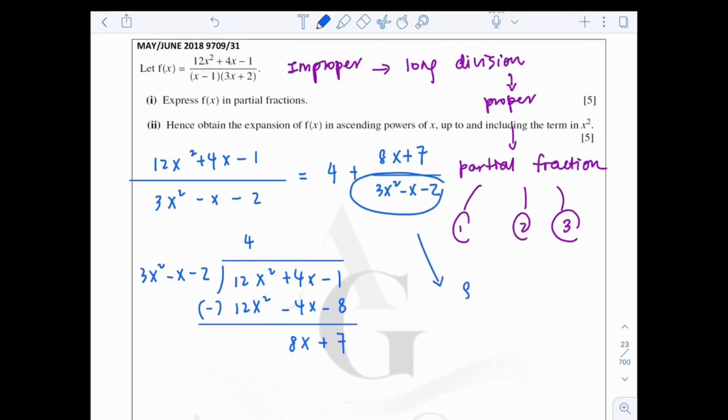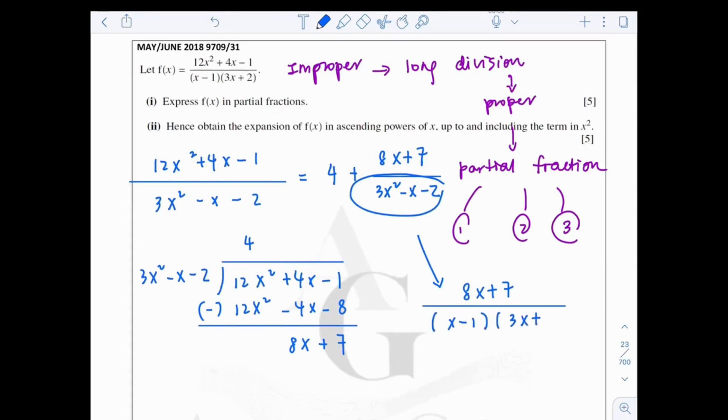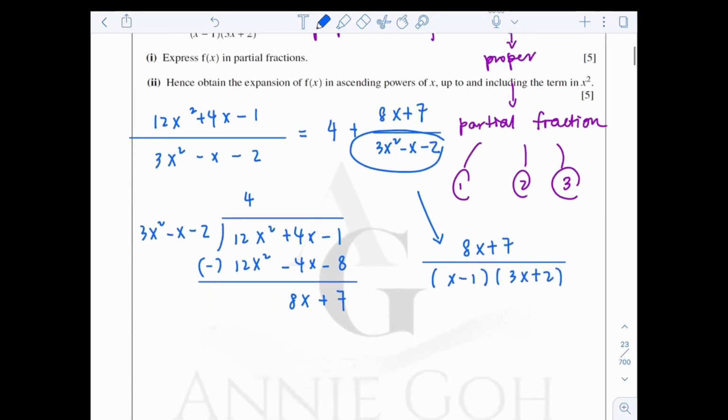So 8x plus 7 is over (x minus 1)(3x plus 2). Then we figure out whether it belongs to type 1, type 2, or type 3. Obviously, it is type 1, so you can solve it using the type 1 method that I have just taught you.